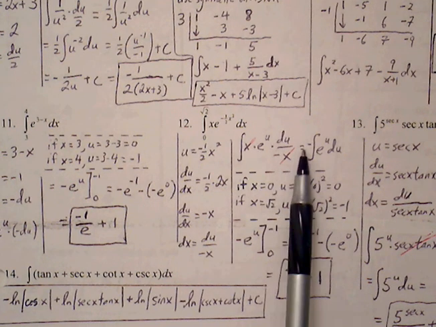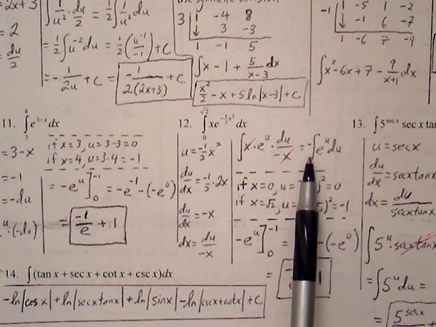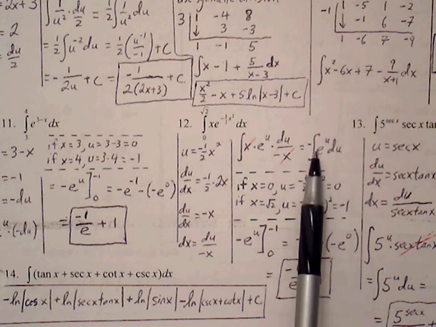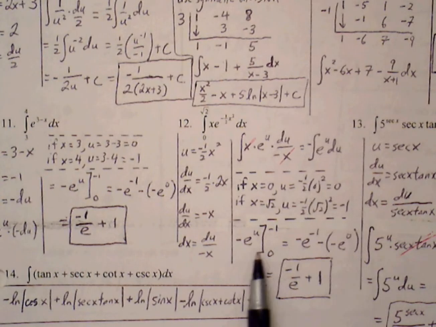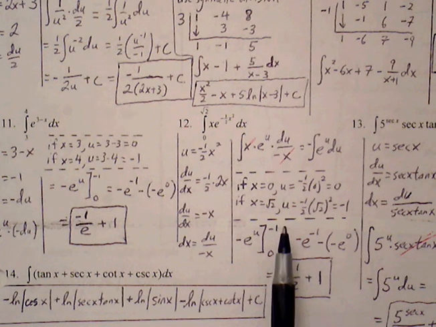We know the antiderivative of e to the u will just be the same as the integrand. So negative integral of e to the u will turn into negative e to the u. Again, we have to go through U-substitution, so we have to convert our bounds to be in terms of u.